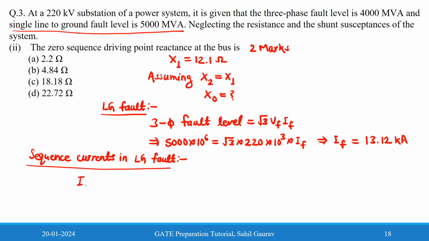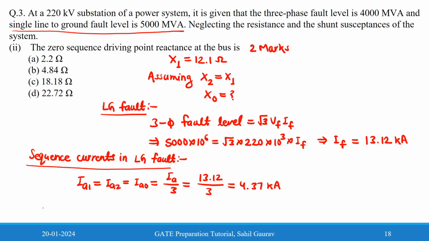We know that for LG fault, all sequence currents are equal: IA1 is equal to IA2 equal to IA0, and it is equal to IA divided by 3. IA is the fault current, so 13.12 kilo ampere divided by 3. So it is coming as 4.37 kilo ampere.